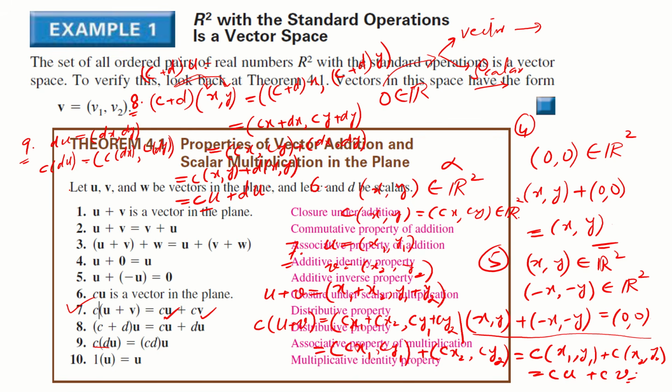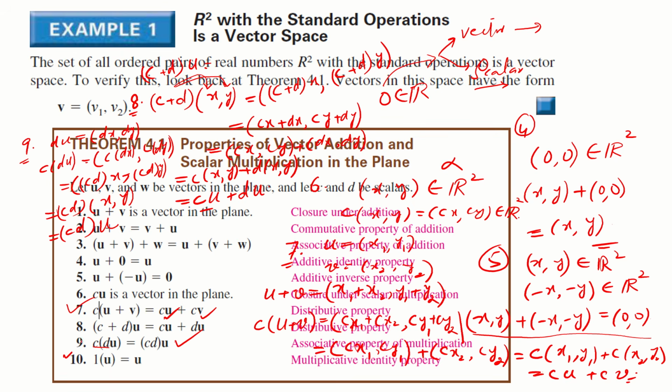Now you know that real numbers are associative, so this can be written as cd into x comma cd into y, and then I may take this cd common from it. So cd common, and then we have (x, y), which is cd into u. So condition number 9 is also satisfied.